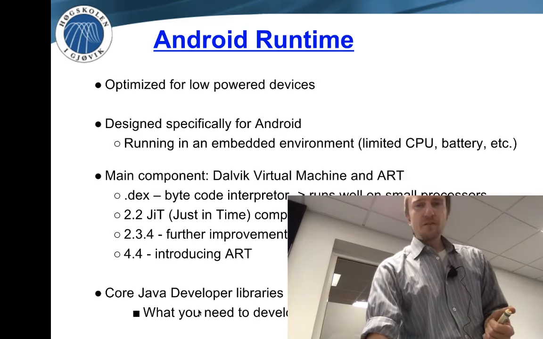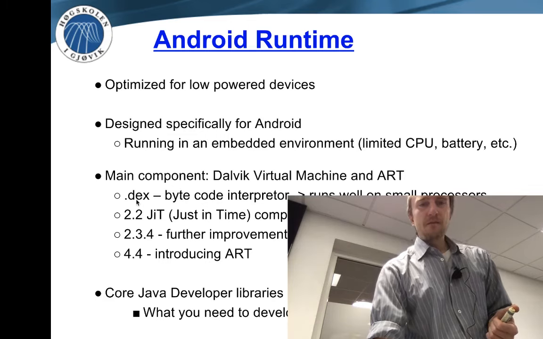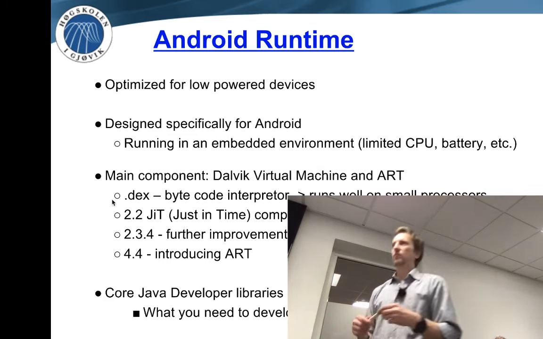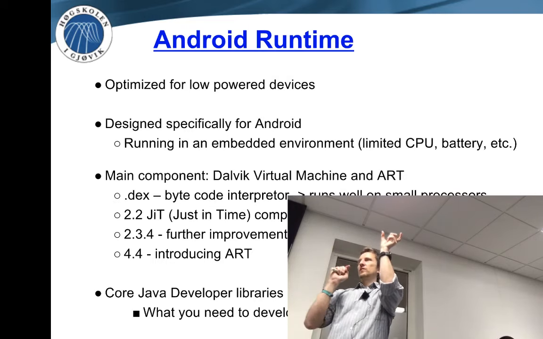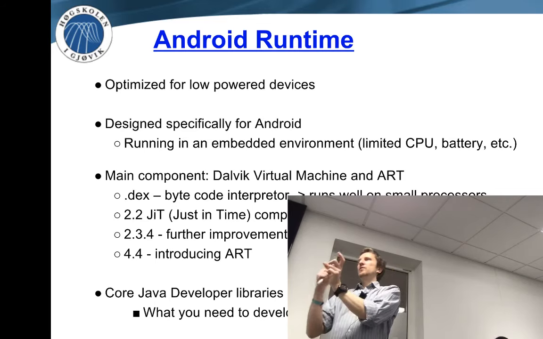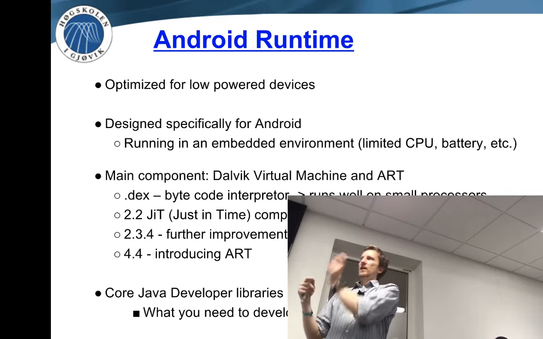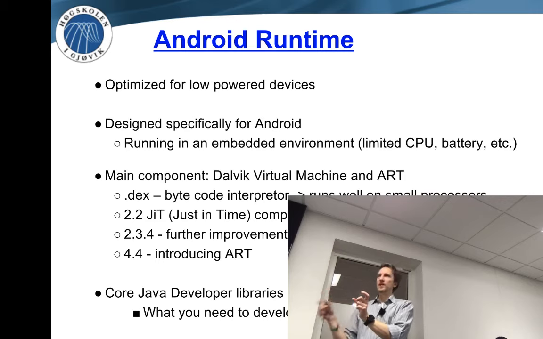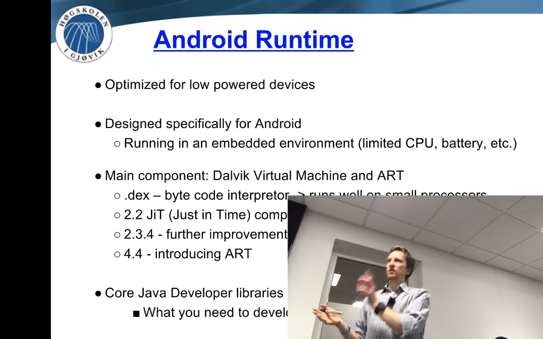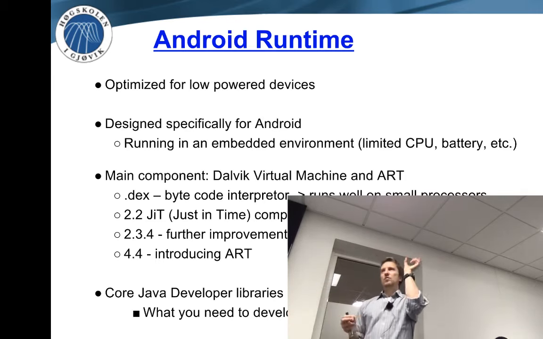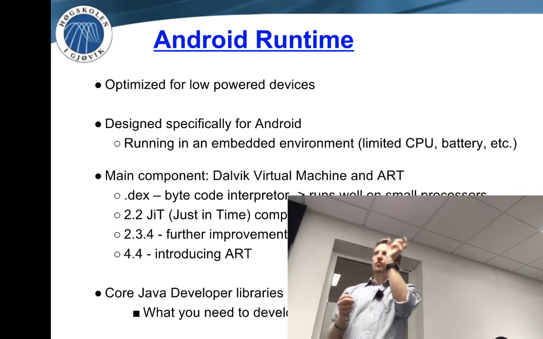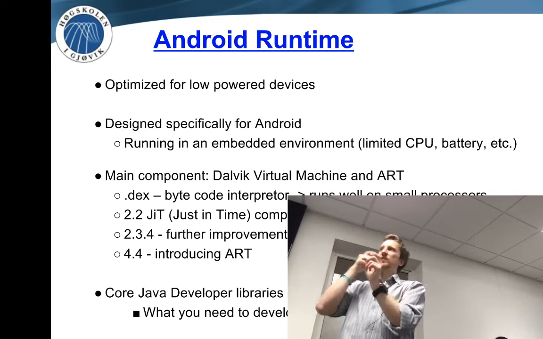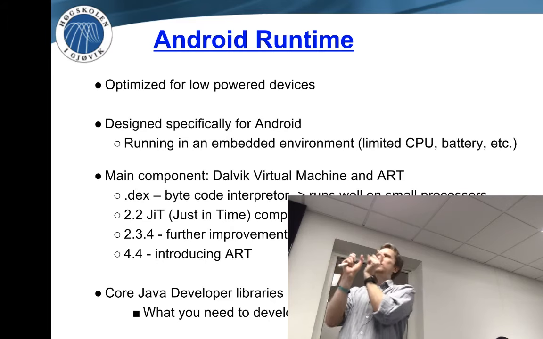So the way it works is that Java source code is compiled into .class files, which are then interpreted by the Java virtual machine and compiled by a just-in-time compiler to the native code of the platform, right? That's how Java works. With Android, you compile the Java source code into the class file, then compile the class file into a DEX file, and then you use the DEX file to re-index all the symbols and everything and have an intermediate format.